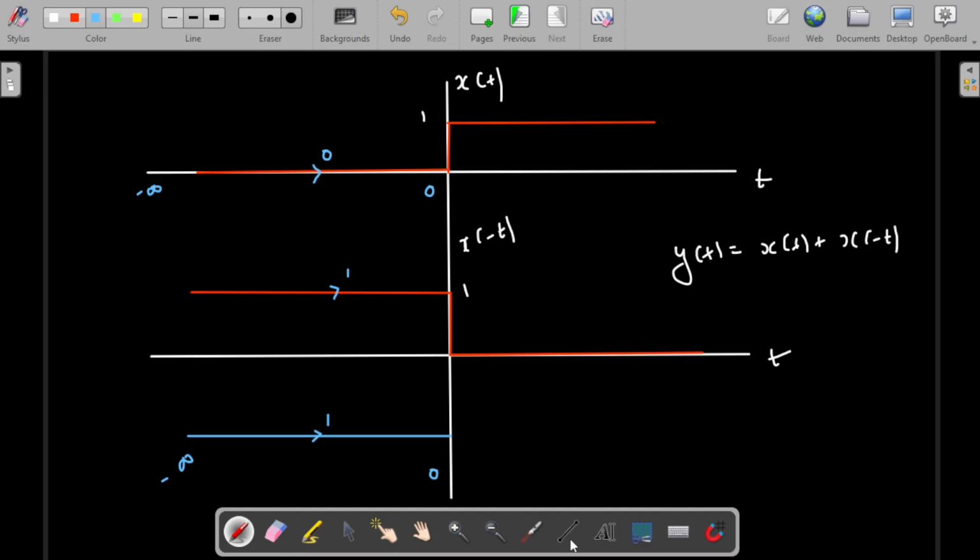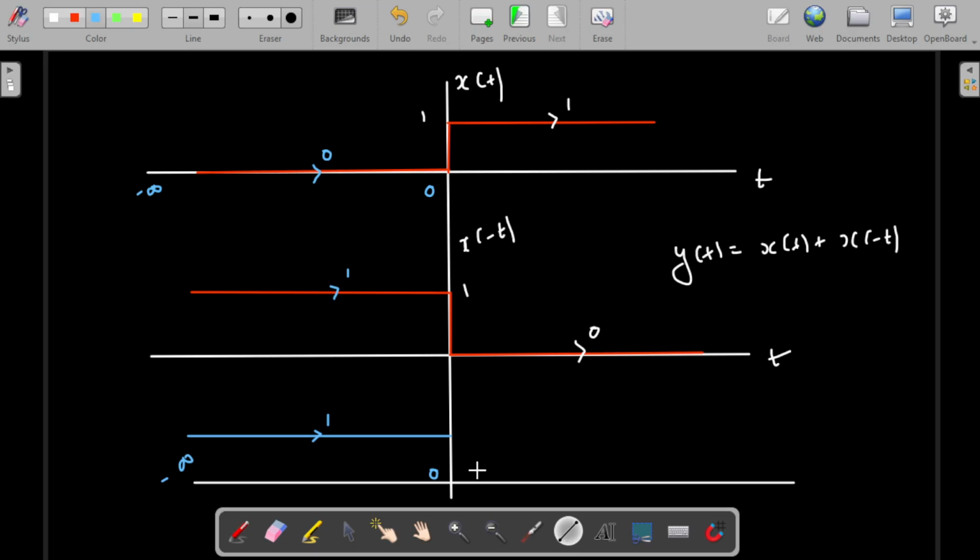After that, let me write the axis. This is the time axis. Here also, the value is 1 and the value is 0. If we add both, from 0 to infinity this will also be 1.